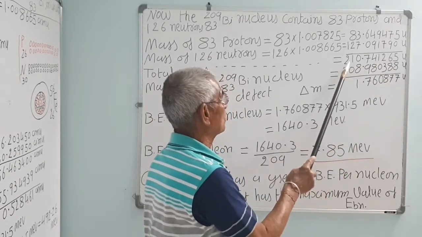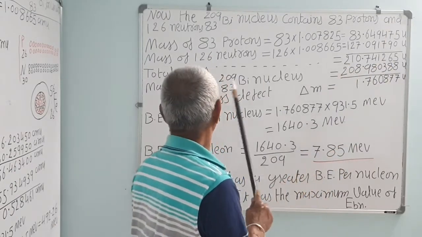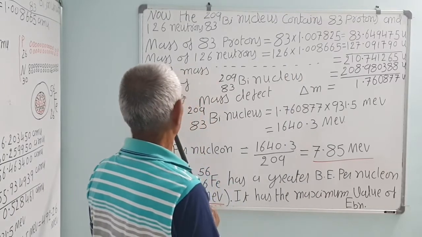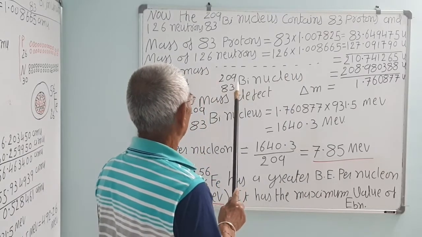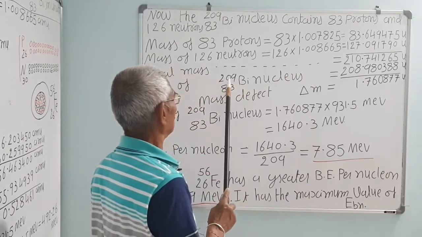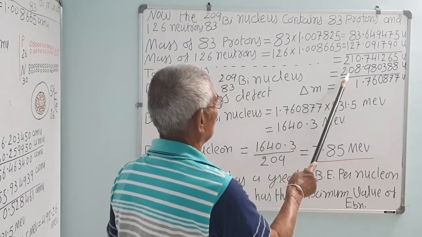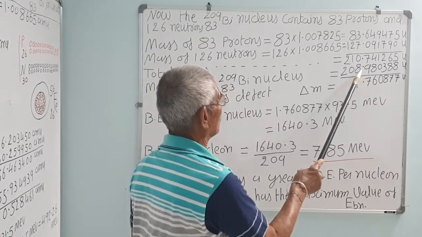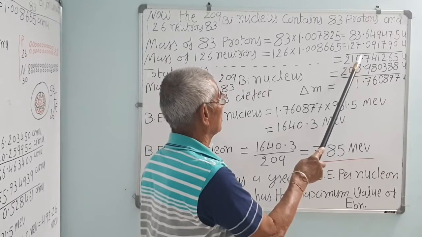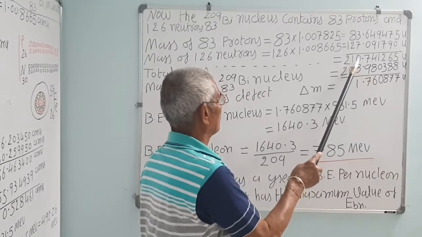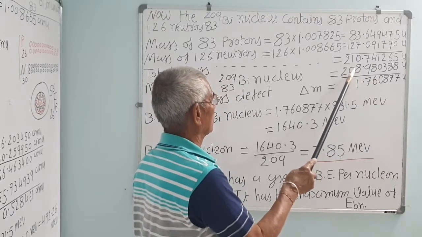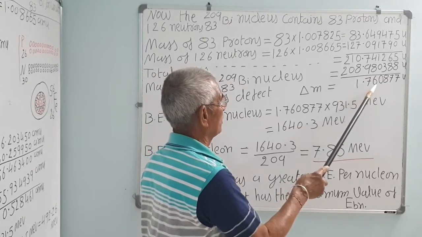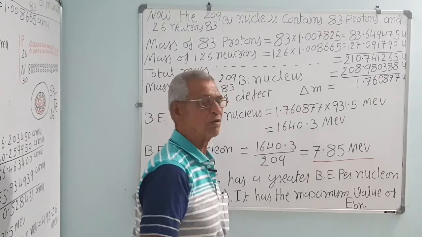But when you put them together in the nucleus, the mass of this nucleus or bismuth 83209 atom is 208.9, somewhat less. This is less, this is more. The difference between these two is 1.760877 atomic mass unit.